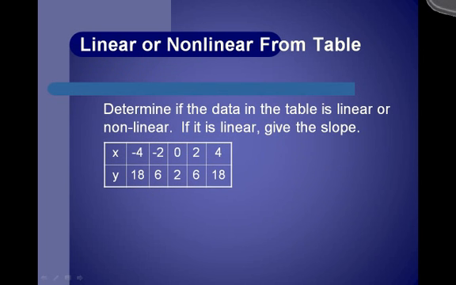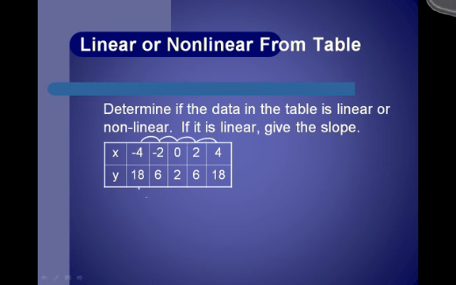Okay, let's do it again. To determine if this data is linear or nonlinear, we're going to look at the x values and the y values and make sure they are consistent. Every time we have a change in y, we have the same change in x. Well, notice on this one it's a little bit easier to look at because the x values increase by 2 every time.